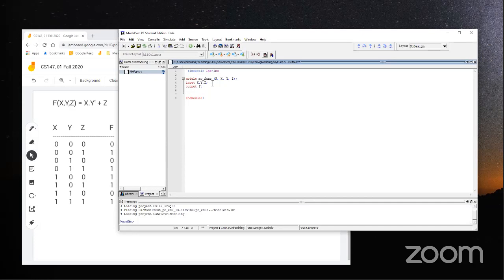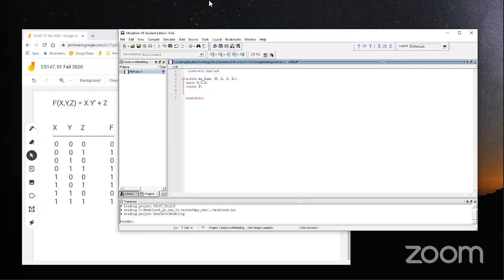So basically, from a logic gate perspective, what we want to do is this.